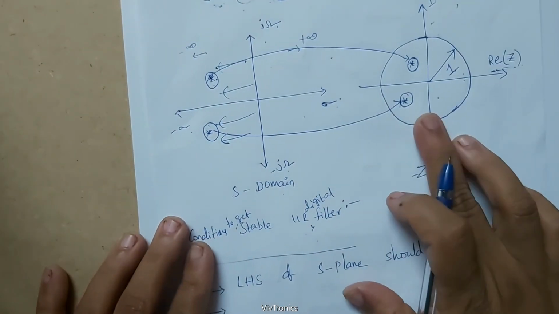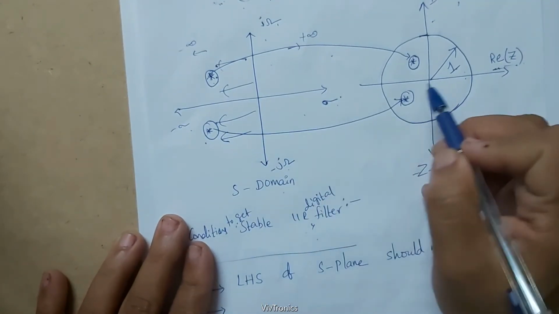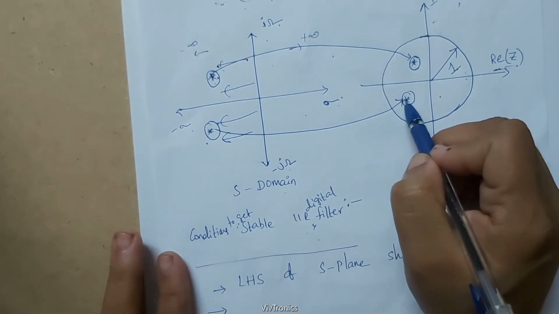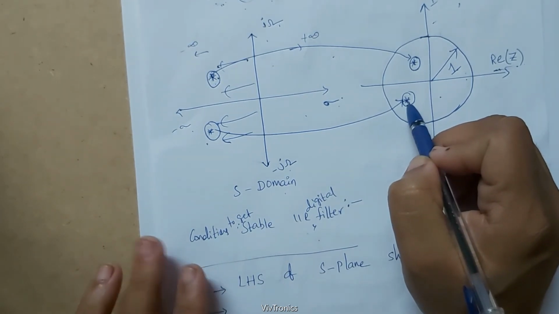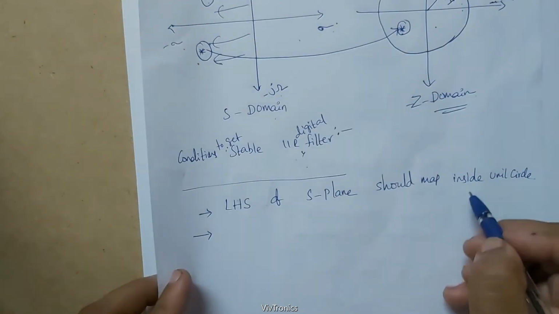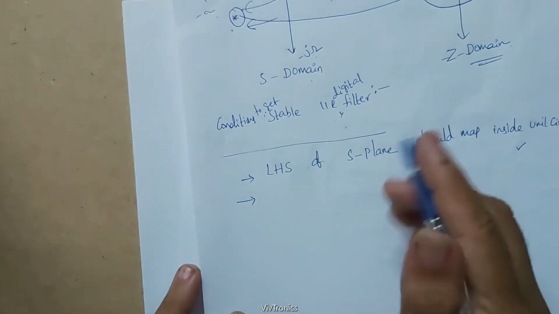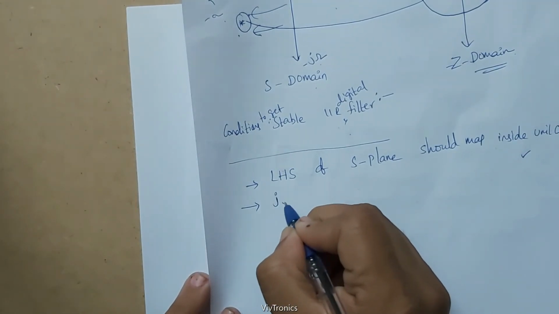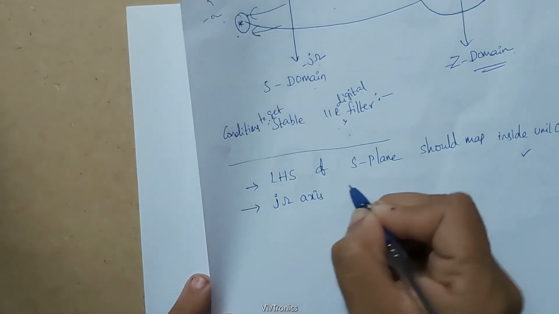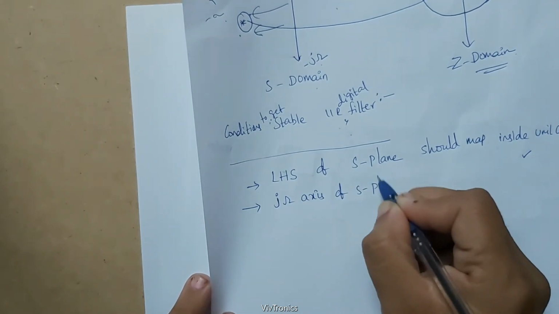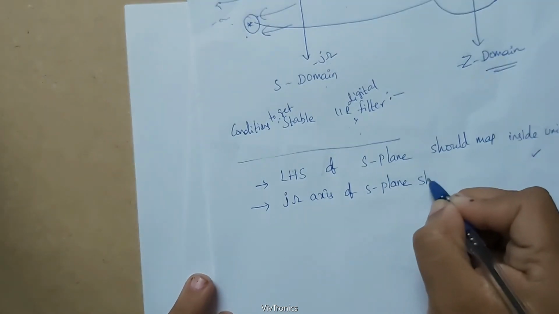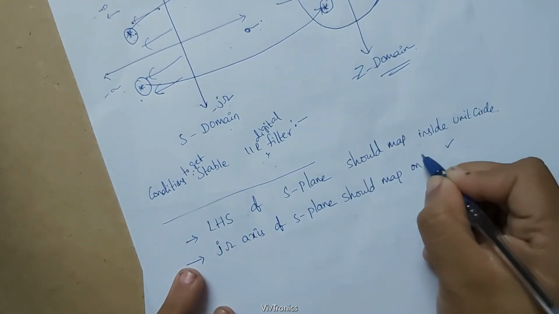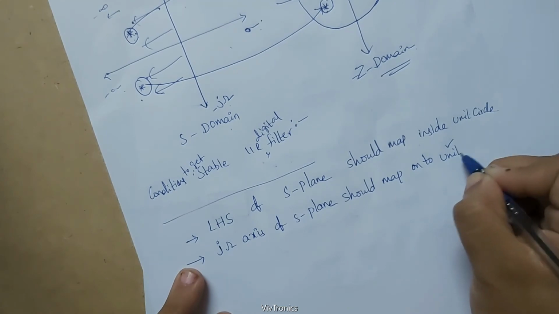The second condition is that the j omega axis of the S plane should map onto the unit circle.